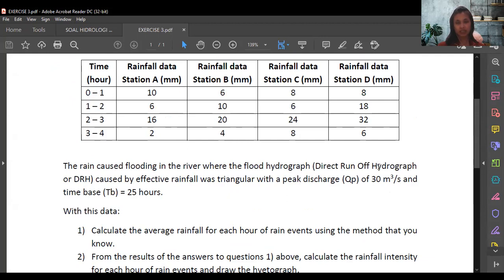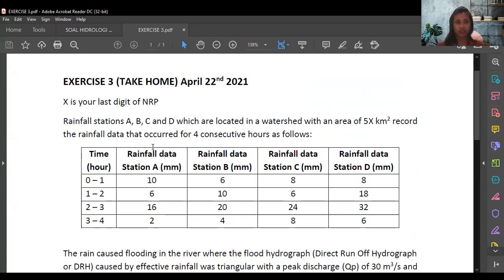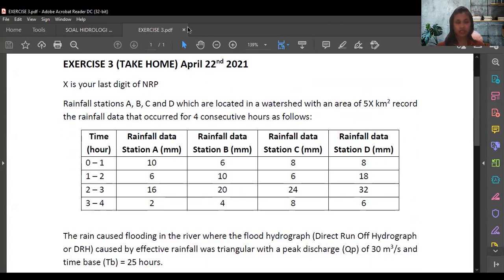Because there is this direct runoff hydrograph, you have to study about hydrograph first before you can do this exercise. That's why I decided to do this exercise after we finish our surface runoff module, which is now.